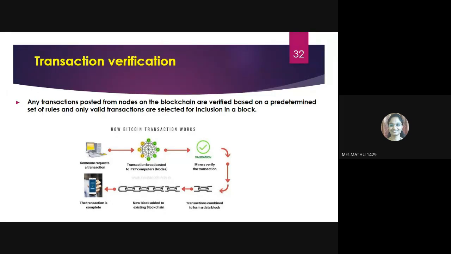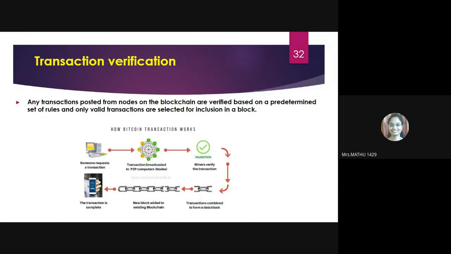The mining nodes will validate the transaction. Once the validation is completed by one or more nodes in the network, that will again be propagated to all the nodes, telling them that the transaction is validated.